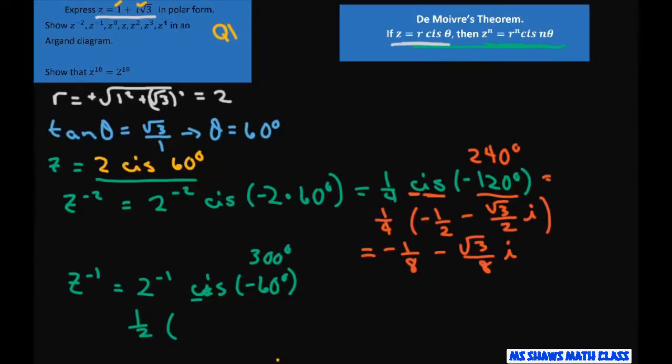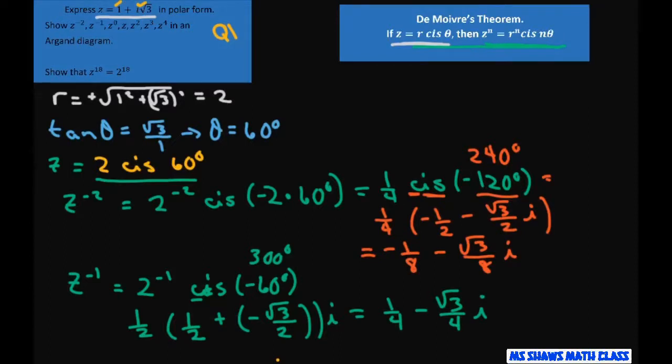Or you can just look at it that way. So this is 1/2. Cosine of 300 degrees is 1/2, plus sine of 300 degrees is negative square root of 3 divided by 2, and then i. And this simplifies to 1/4 minus square root of 3 divided by 4 i.